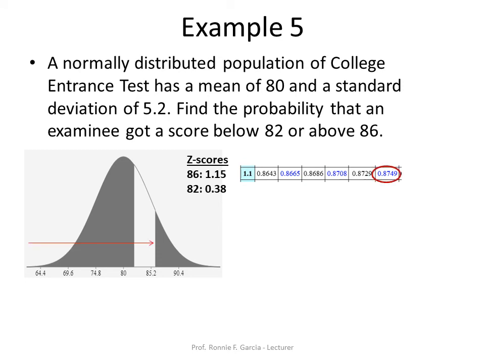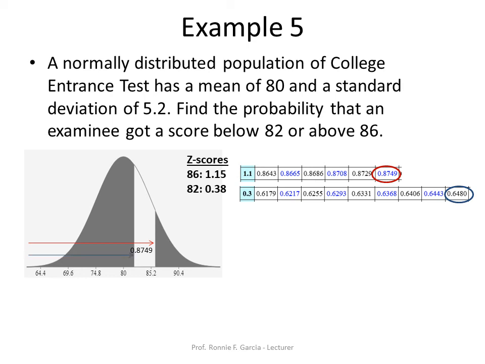So the regions or the areas are the following. The arrow tells us that from that particular point to that particular point, the area is 0.8749 because that represents 86. 0.38 has the area of 0.6480, as we have already solved also in the previous example.